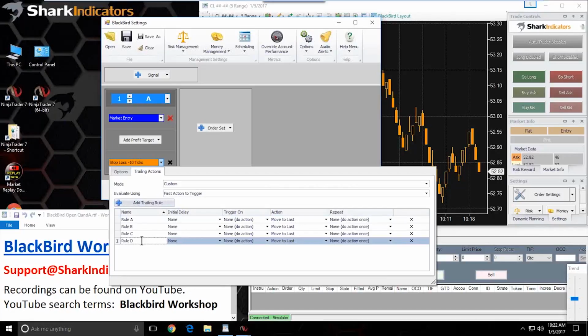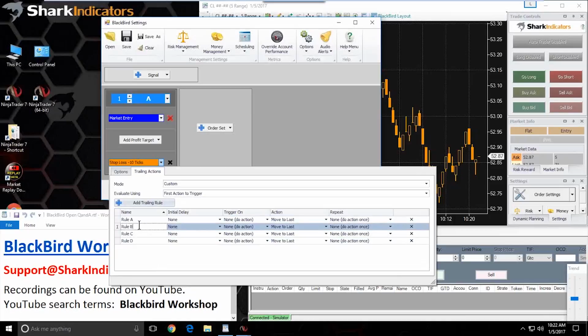Right, it would have the priority if it's the first one to fire off. But remember, the priority is only necessary if, like, rule D conflicts with another rule. So say rule B and D are trying to move your stop loss at the same time. Well, then rule D would have the priority.